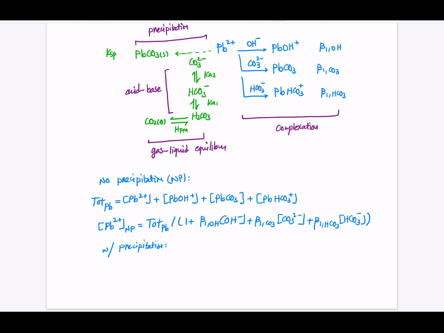This was just similar to the previous case. Pb2+ max is the Ksp value divided by the complexing, the precipitating agent.